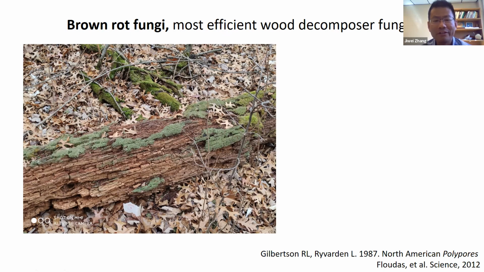I call it most efficient mainly in terms of their ability to quickly decompose the wood structures. Actually, you can give different standards to compare the brown rot fungi and white rot fungi. But at least to my mind, the brown rot fungi are the most efficient wood decomposers because they most efficiently decompose the wood structures.